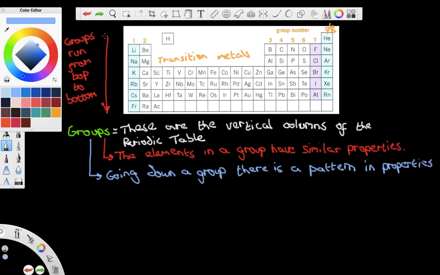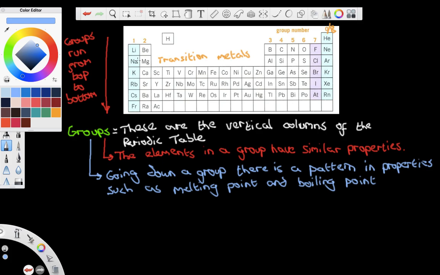Don't have two S's, do we? Properties such as melting point and boiling point. Okay? So as you go down a group, there is a pattern in certain properties.